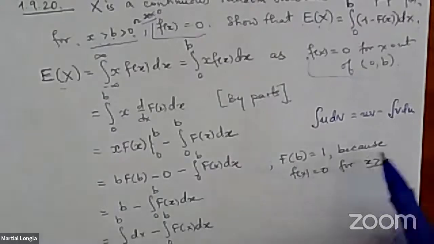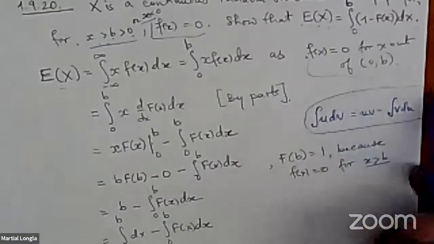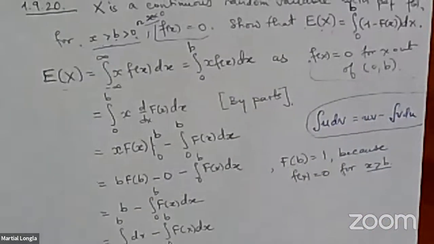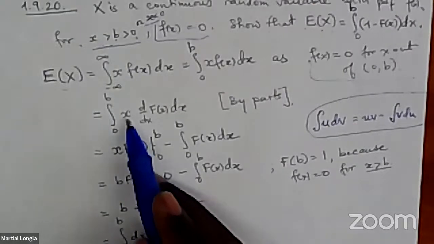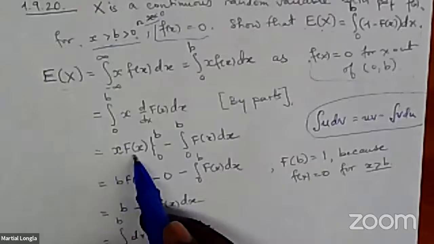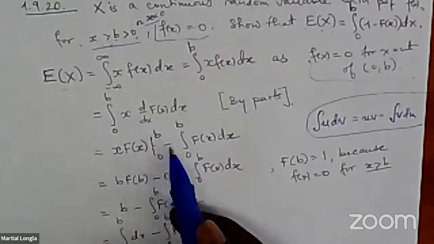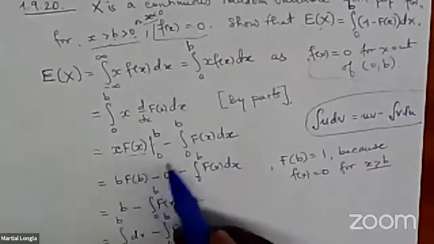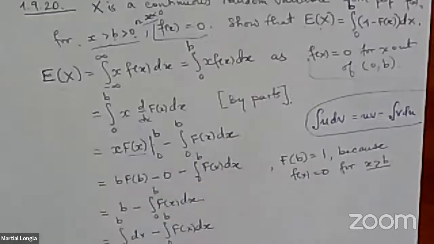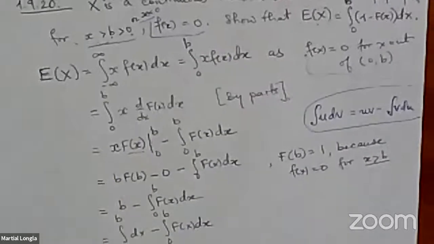So that's what we do, integrating by parts. So we get x times capital F of x, that's uv, from 0 to b, minus the integral of v, which is this, du. u is x, du is just dx.